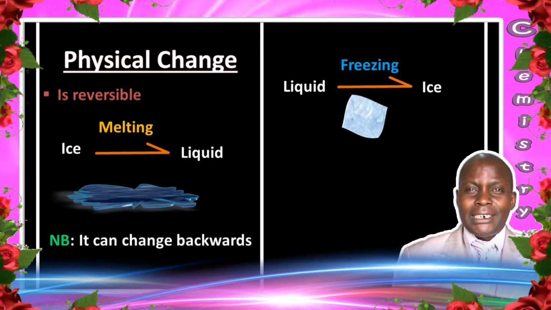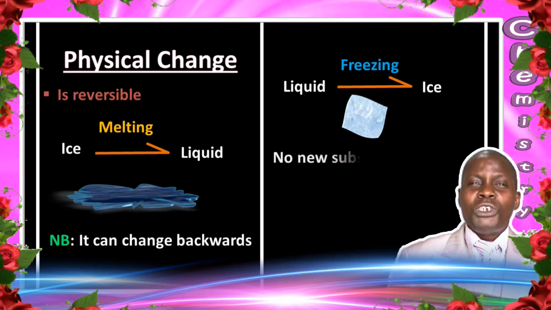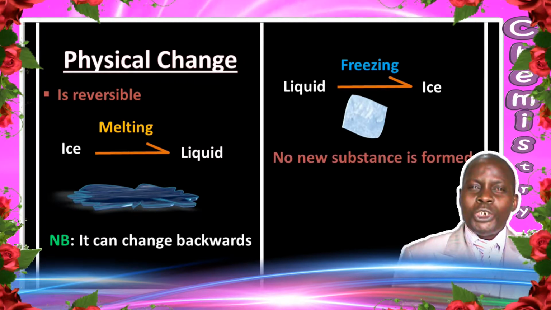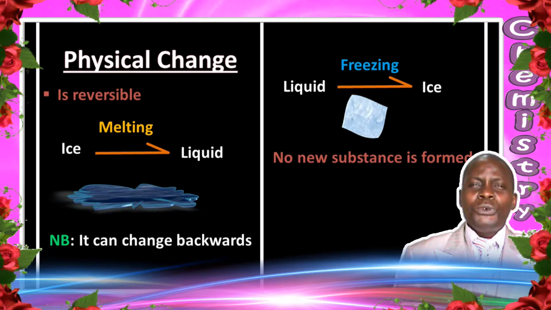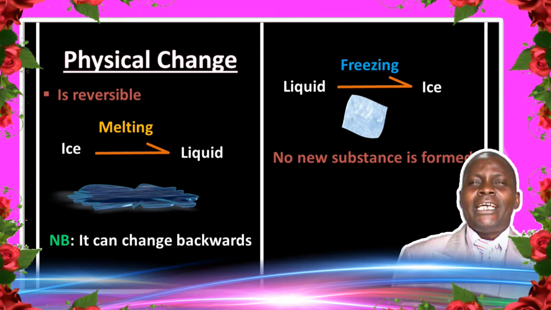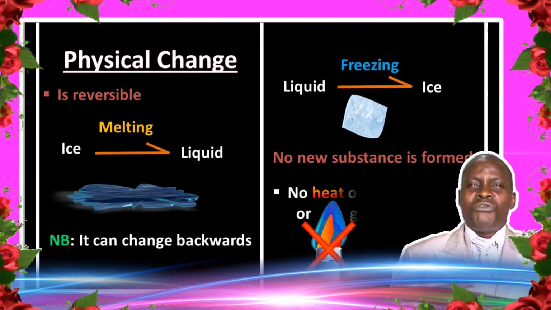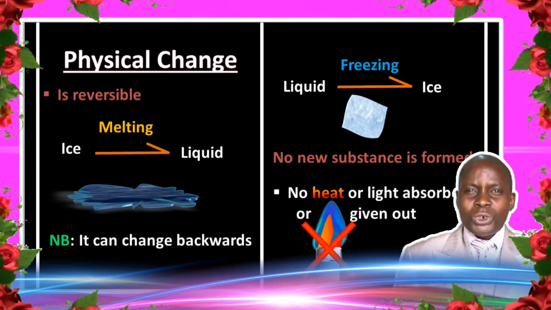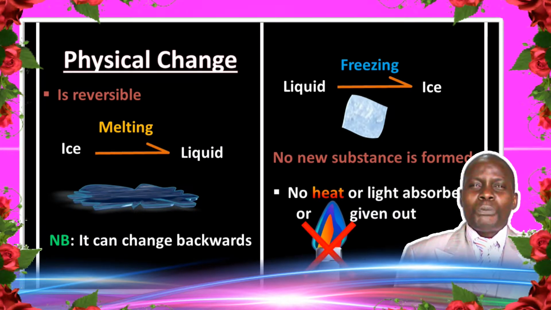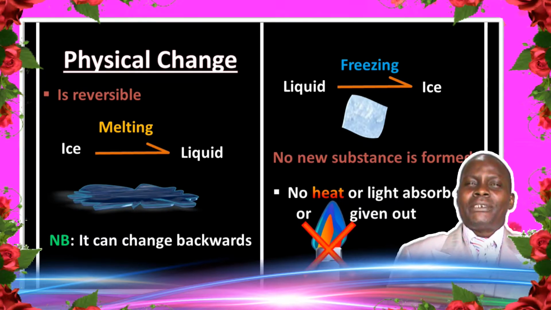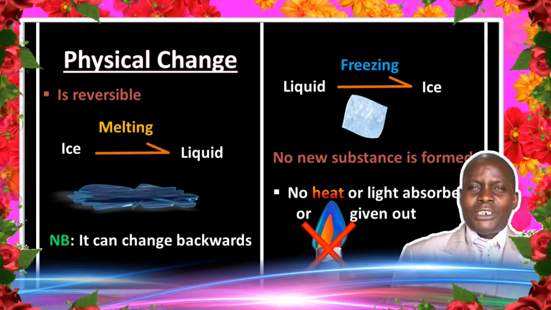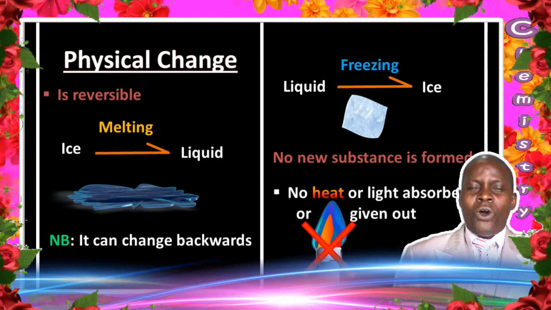Therefore, the change that took place was a physical change because there was no new substance formed. And during the physical changes, there is always no heat involved, no heat given out, no heat taken in. We don't produce heat, or the substance does not take in heat. That is what we refer to as the physical change.